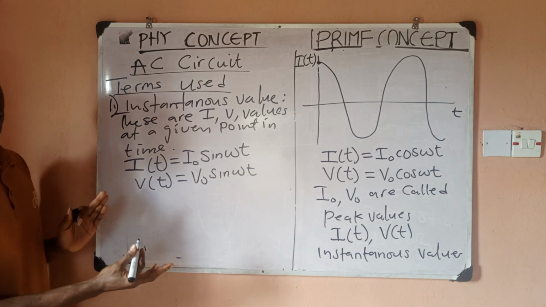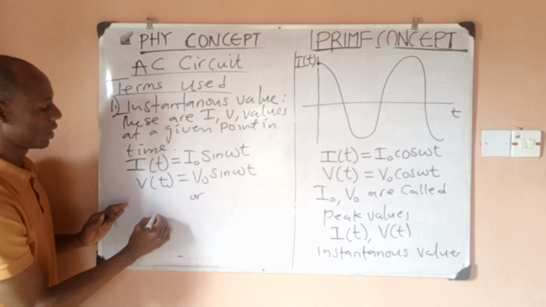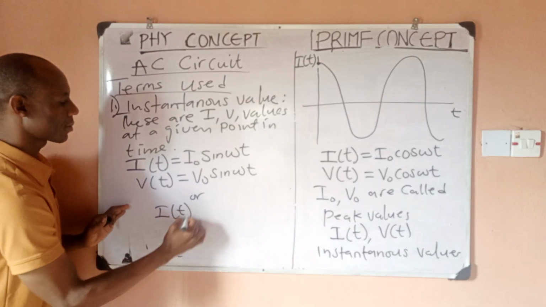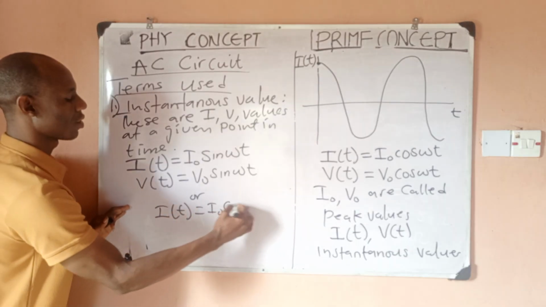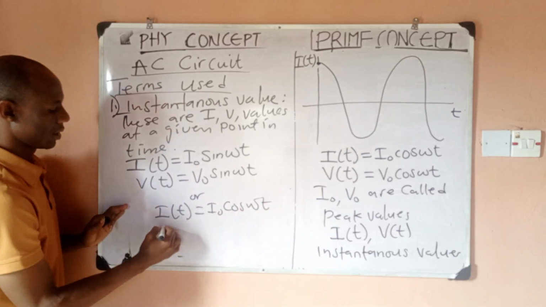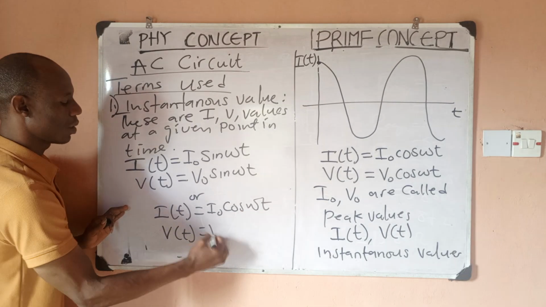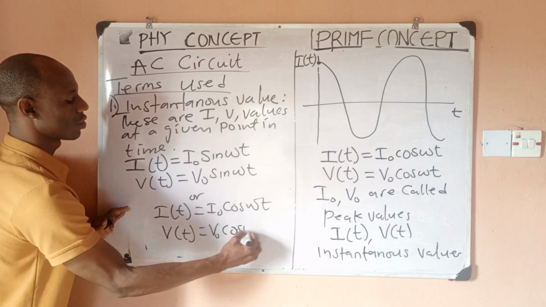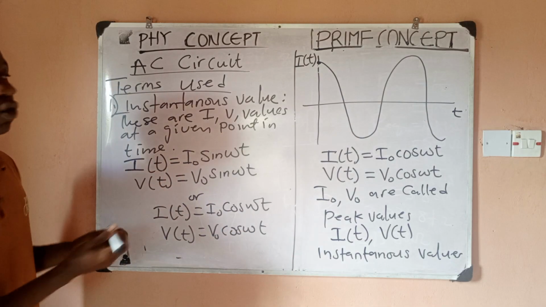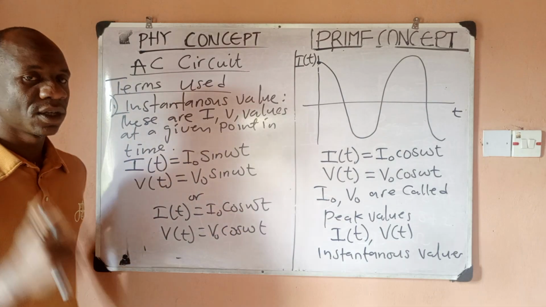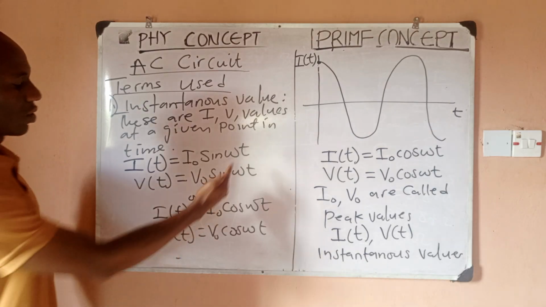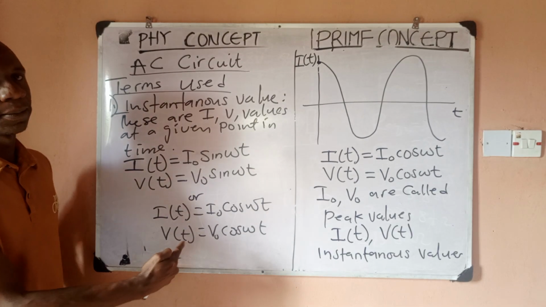Like I said, we can also use the cosine: I equals I naught cos omega t, or V equals V naught cos omega t. So these are the equations for instantaneous values of current. You can see they are functions of time, right?